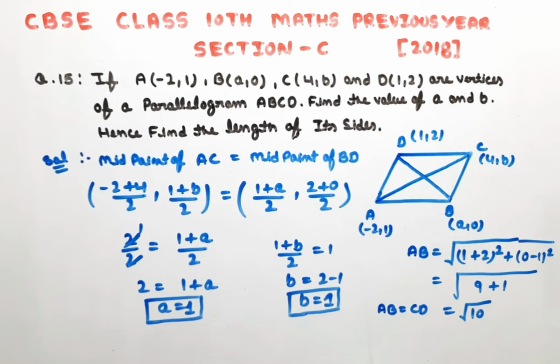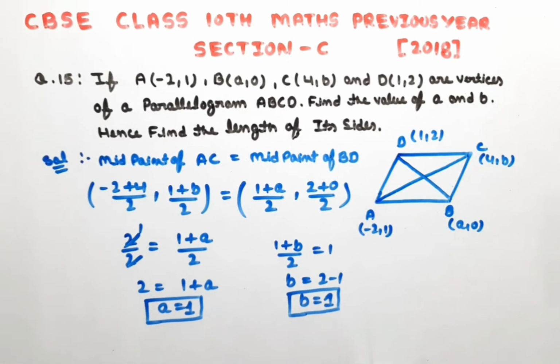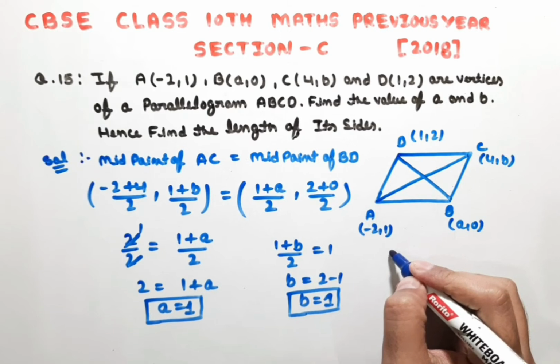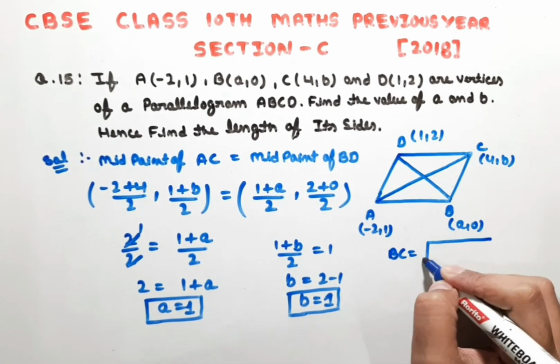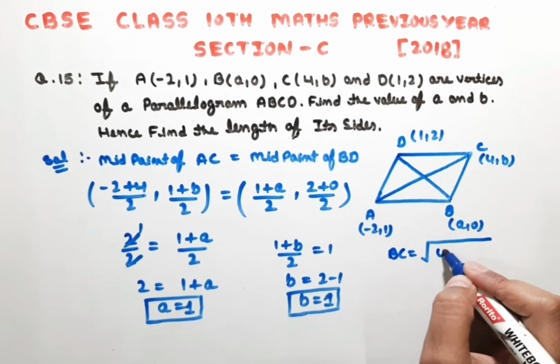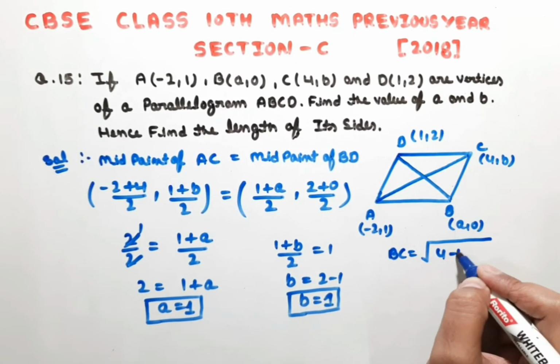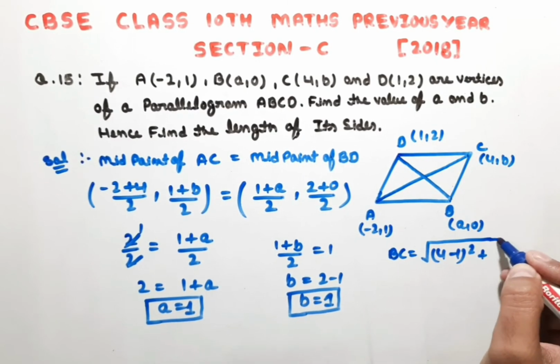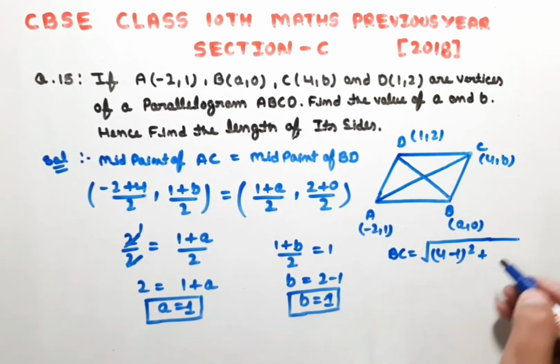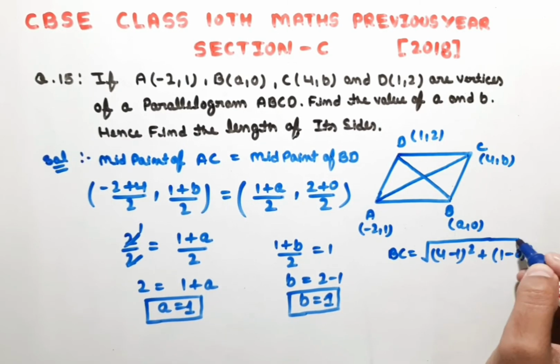Now we will calculate BC. BC will be equal to the square root of (x2, that is 4, minus x1, that is 1) whole square, plus (y2, that is b, 1, minus 0) whole square.